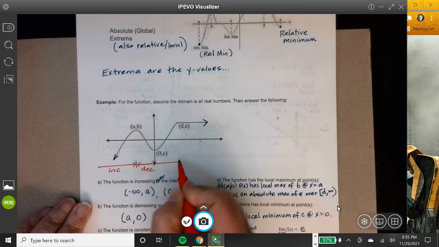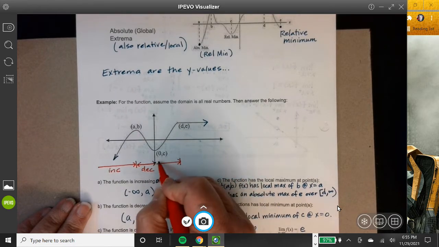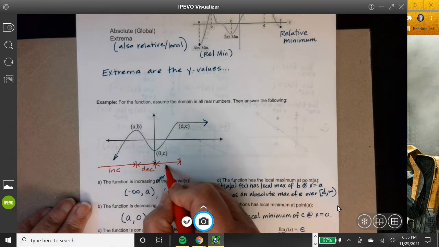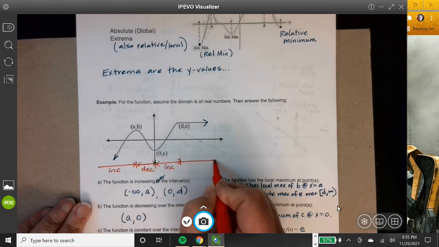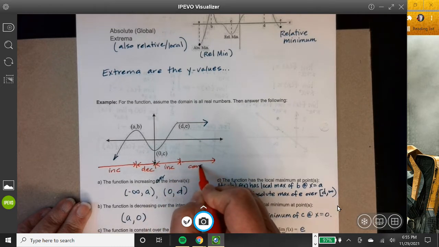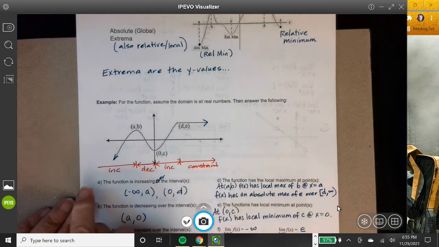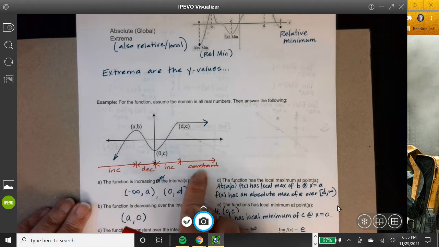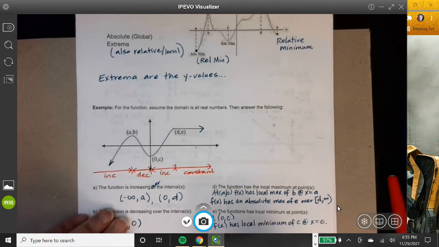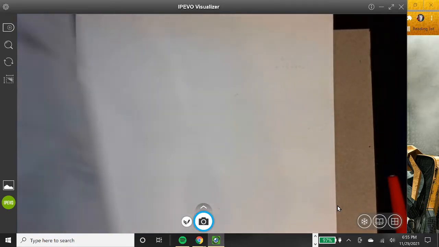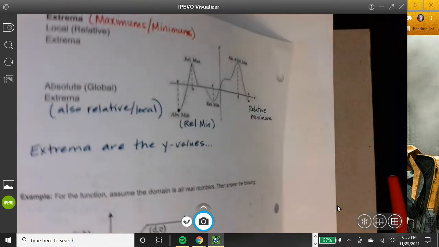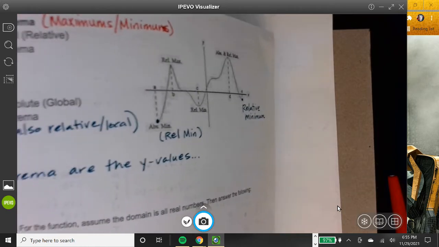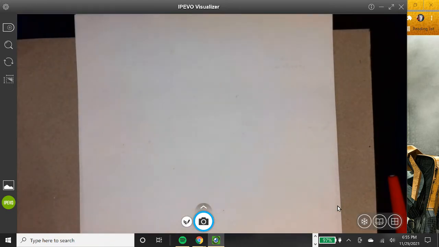And then it's increasing again to here. And then it's what afterwards? It's constant. And then you can see that it's the x intervals that we care about. So if that helps, that might help. All right. Let's do the next page.